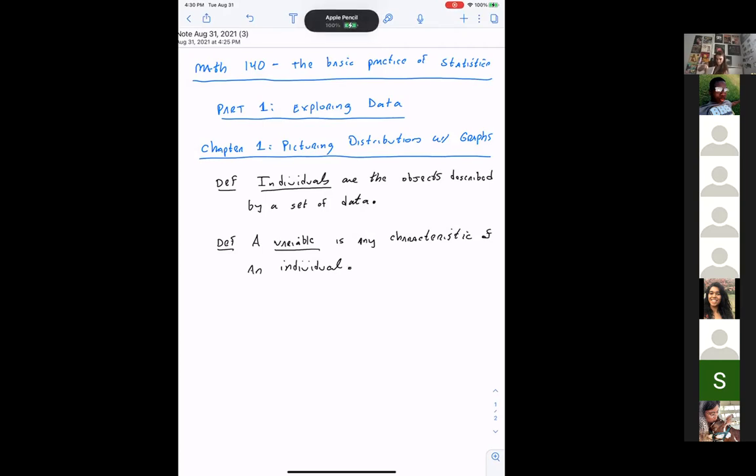So for example, if I'm studying students at CSUN, if those are the individuals of my study, what might be some variables that I might care about?